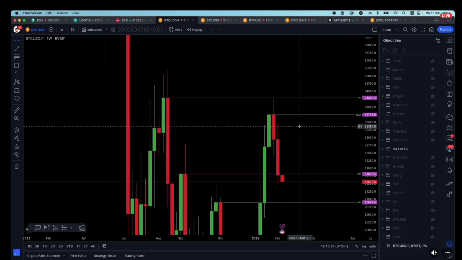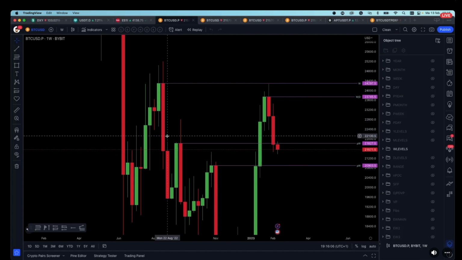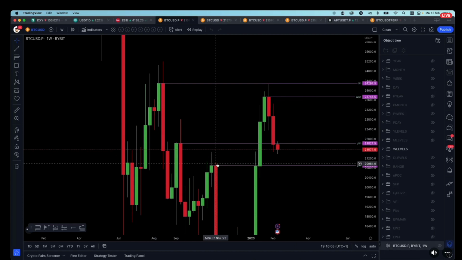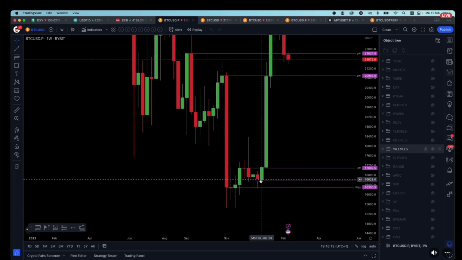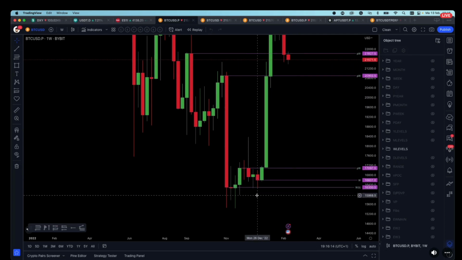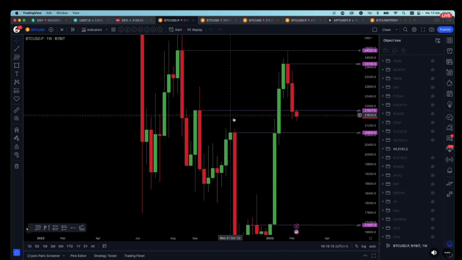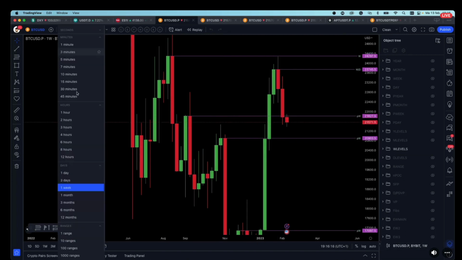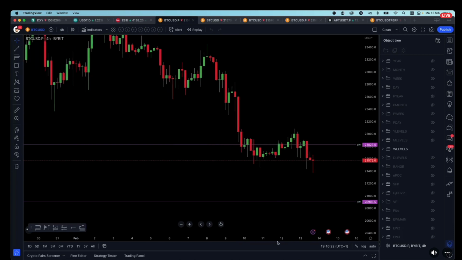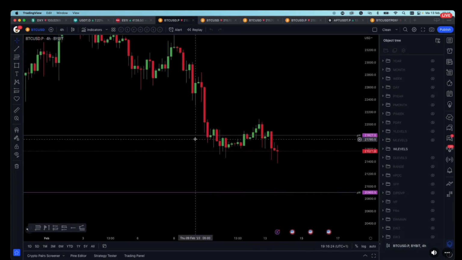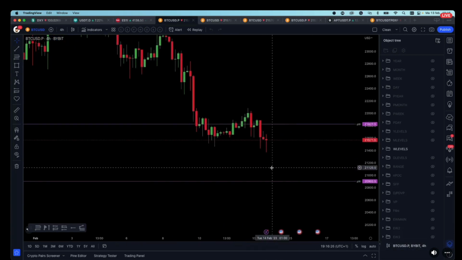We have a new weekly level here, which will act as resistance. A previous weekly, and a previous weekly over here. Previous weekly, a weekly untapped, and a weekly that was tapped. So basically, these levels will also act as support and resistance. So currently we are around the first previous weekly level.